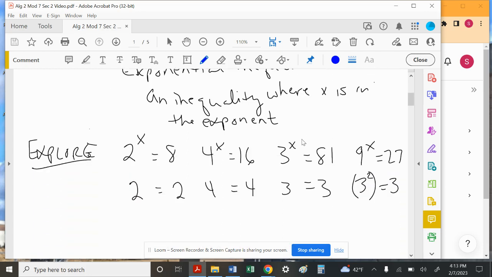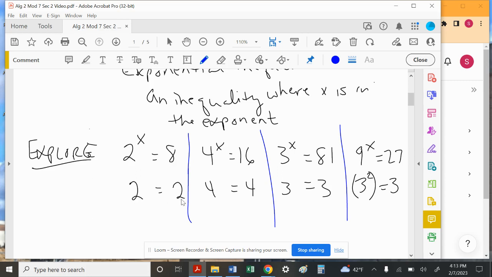What we're going to do first is take a look at some of these examples. So 2 to the x equals 8. These are all separate problems, by the way. When we have 2 to the x equals 8, we need to get this base, this 2 here, and the base over here to be the exact same numbers. So here's a 2, this needs to be a 2 as well.